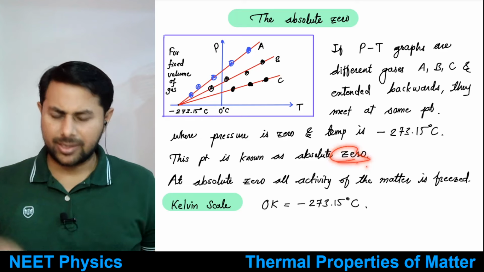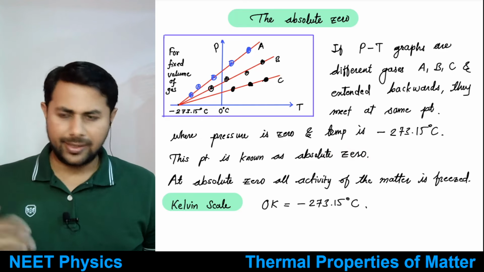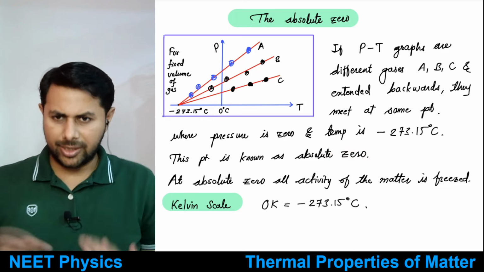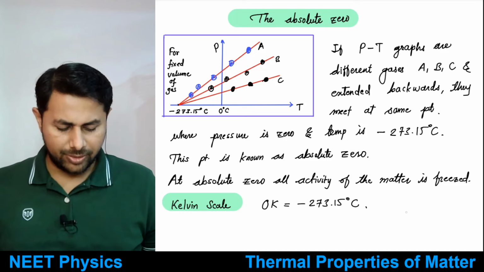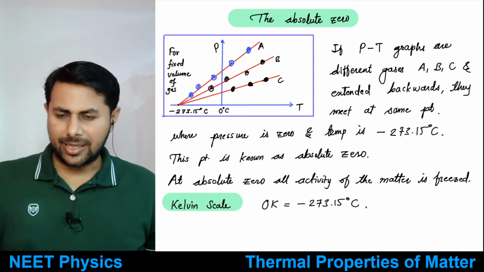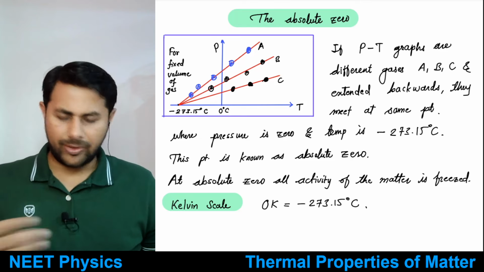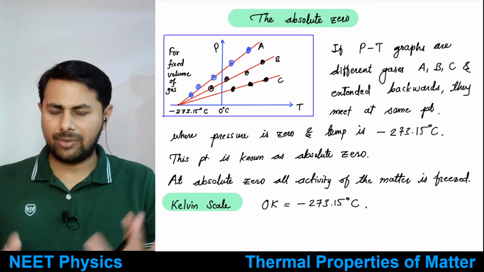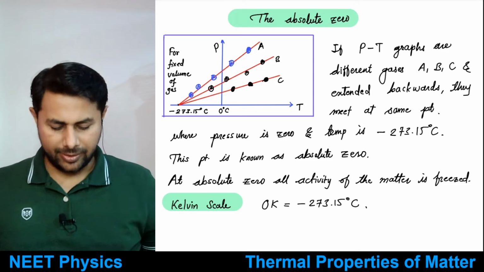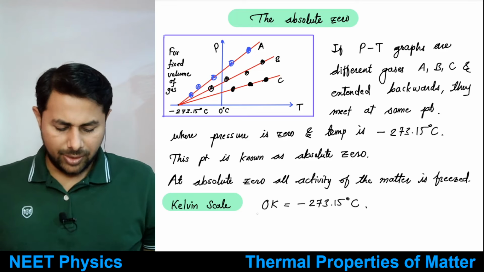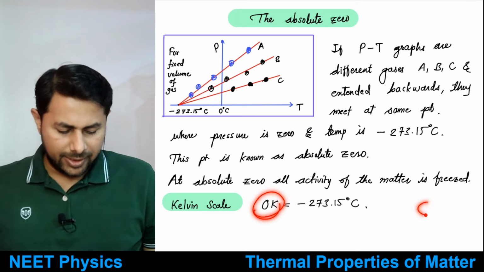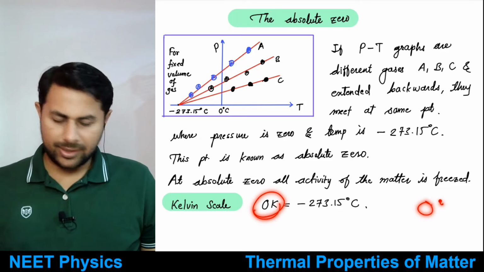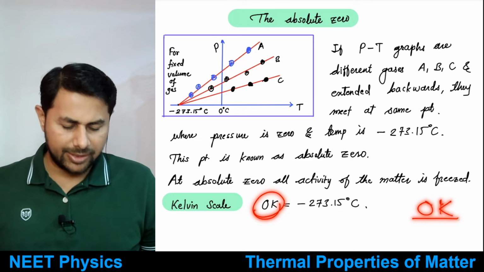We'll talk about this in the kinetic theory of gases also, but briefly, the pressure at that point becomes zero, the volume at that point becomes zero, so everything freezes up at that point. So we call that zero, and then we define another scale called the Kelvin scale.